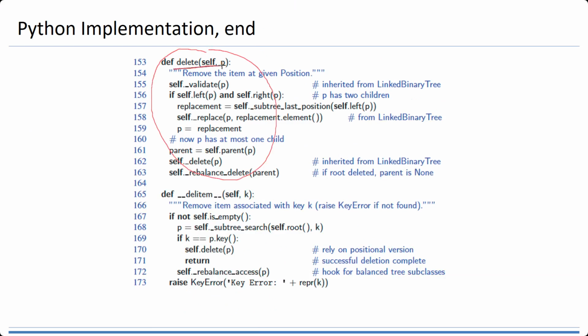So I want to remove at a particular position. First, we need to validate and then check whether it has a left or a right child. If it has 2 children, so it has 2 internal nodes, then we will do this replacement. If not, then it is just removing the key. This is the delete item.